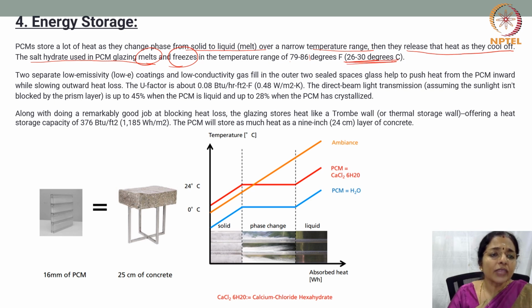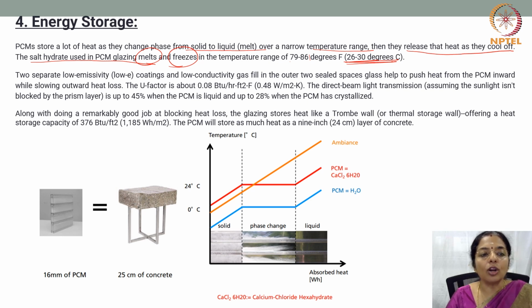So, two separate low emissivity or low E coatings and low conductivity gas fill in the outer two sealed spaces of the glass that help to push heat from the PCM inward while slowing outward heat loss.